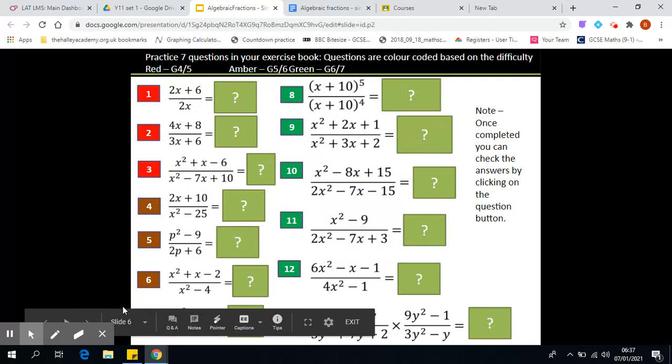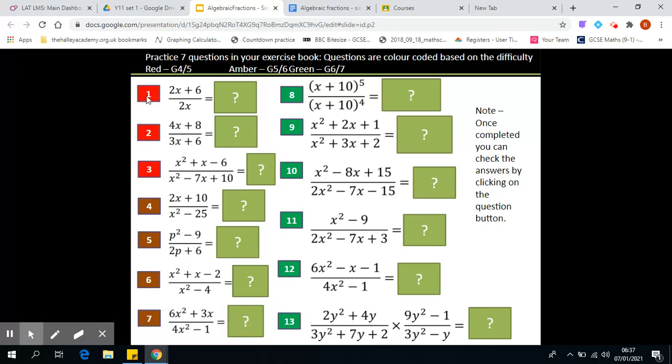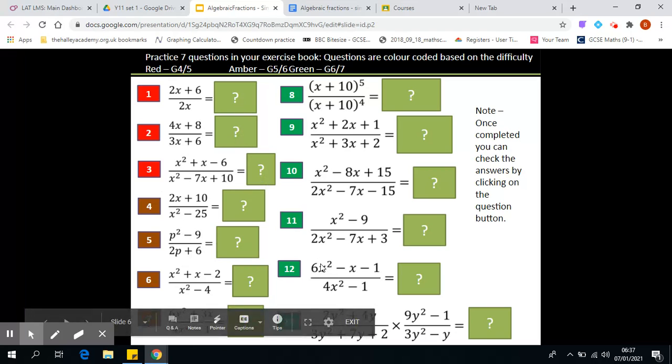Once completed, I would like you to practice 7 questions in your exercise book or on a piece of paper. The questions are color coded based on the difficulty level and the grades are given. Once you complete it, you click on the questions to check your answers.